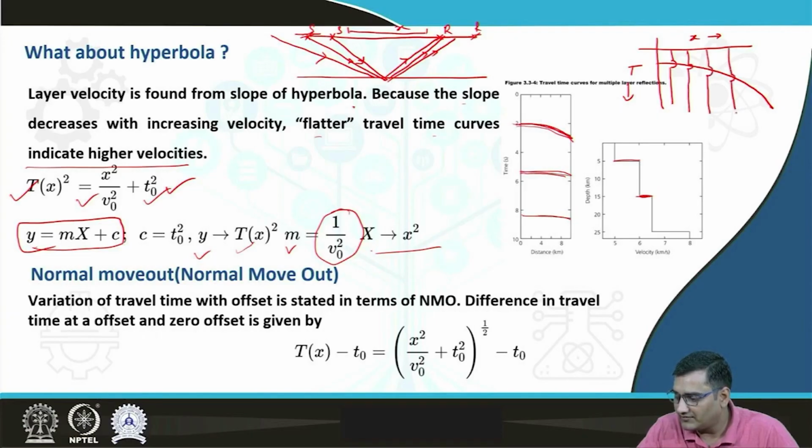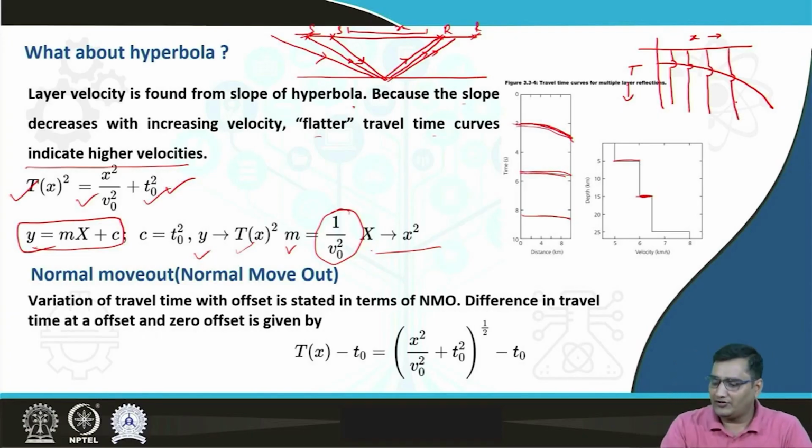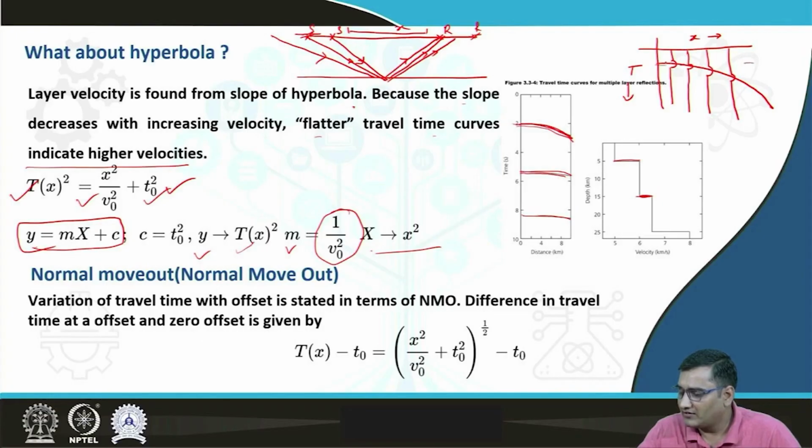So in order to have a better signal to noise ratio, or to improve the quality of the reflection data, you will have to perform a processing step on your data that is known as normal move out. In normal move out, you are basically making your hyperbola a flat event, so that when you stack them together it leads to a higher signal to noise ratio.